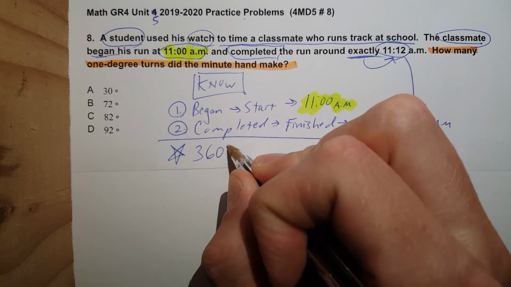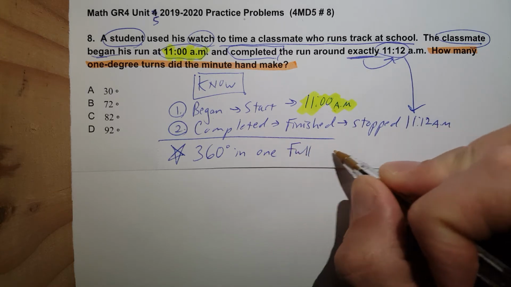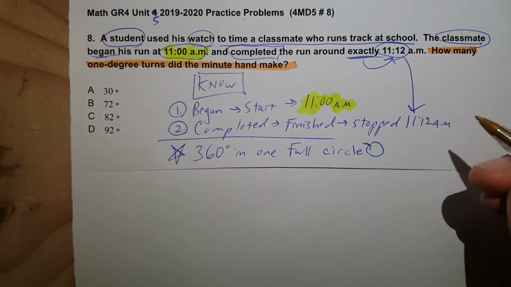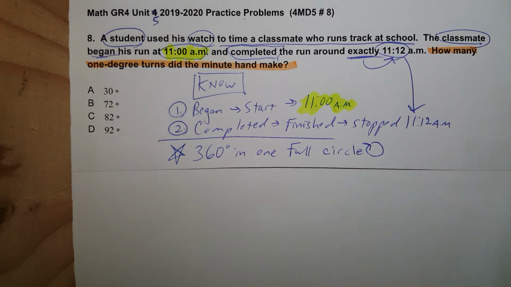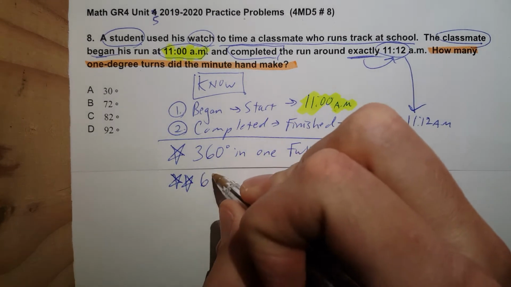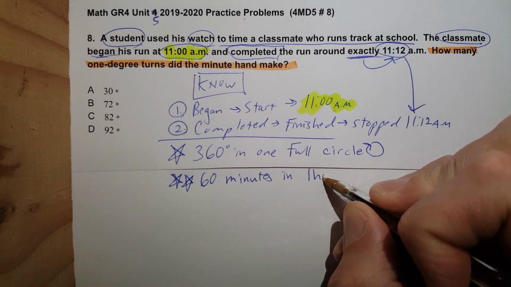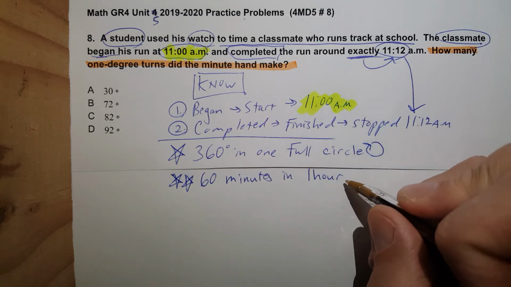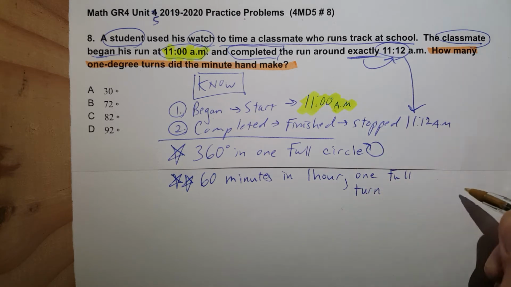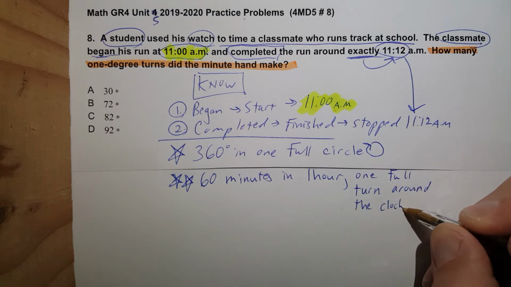There are 360 degrees in one full circle. Also, I know there are 60 minutes in 1 hour, one full turn around the clock.